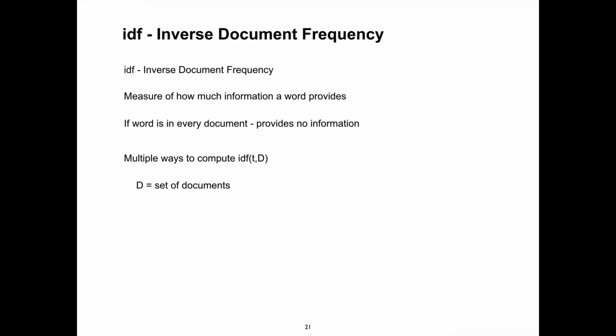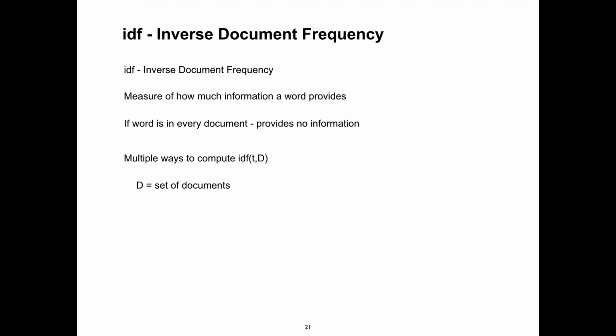If a word only occurs in one document, it's extremely rare. It's not going to be very useful either because it's so rare that we hardly ever come across it. So they want a way of making extremely common words count less and extremely rare words count less.